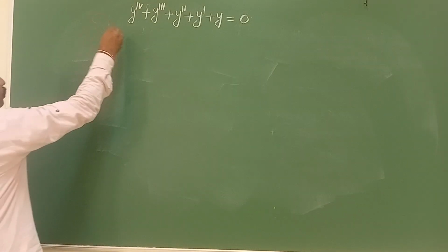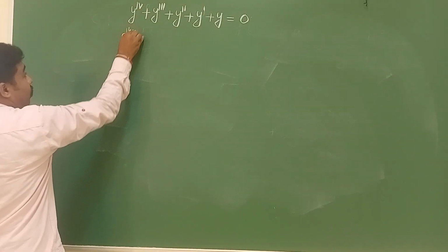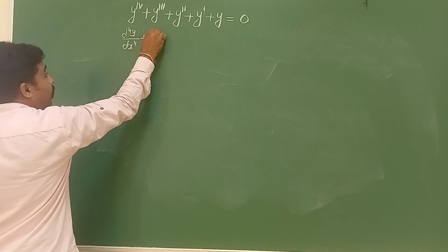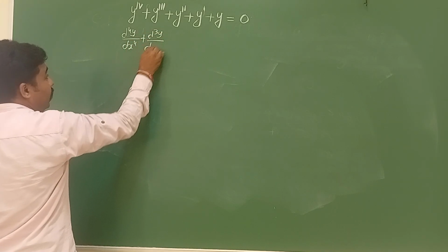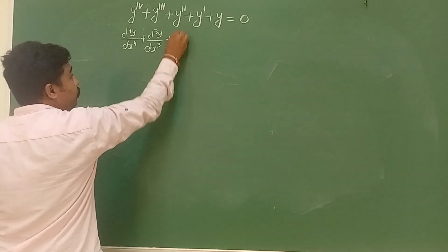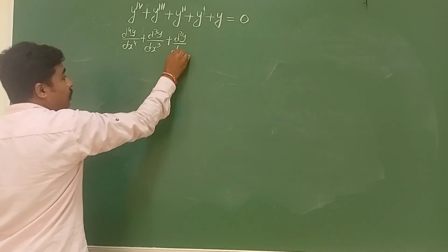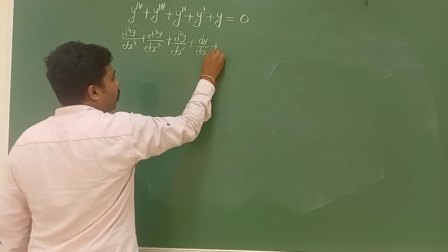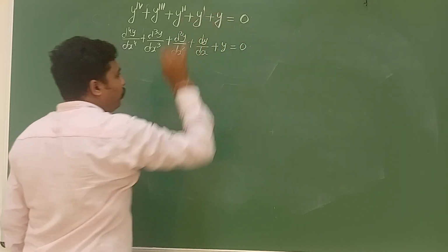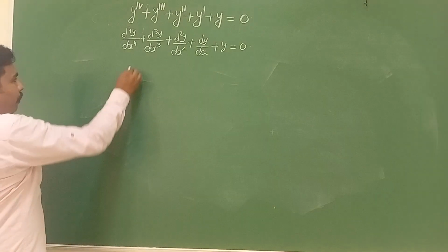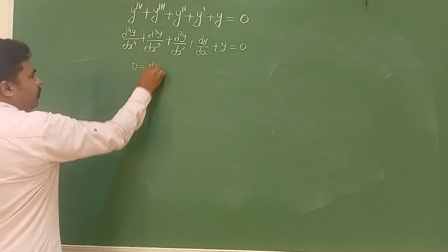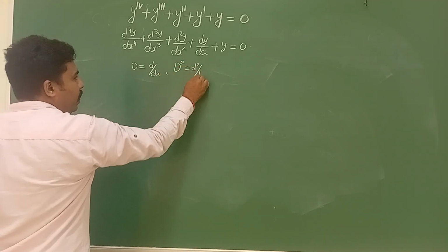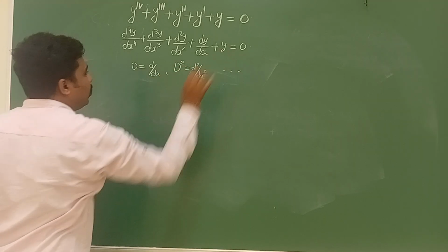This means d power 4 y by dx power 4 plus d cube y by dx cube plus d square y by dx square plus dy by dx plus y equal to 0. Now everywhere we will take D means d by dx, D square means d square by dx square, etc.